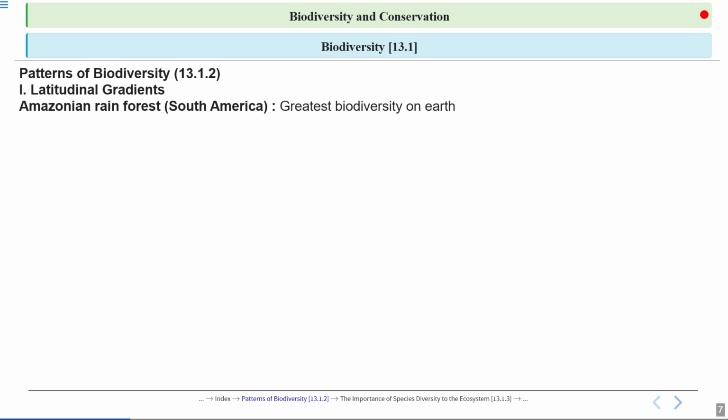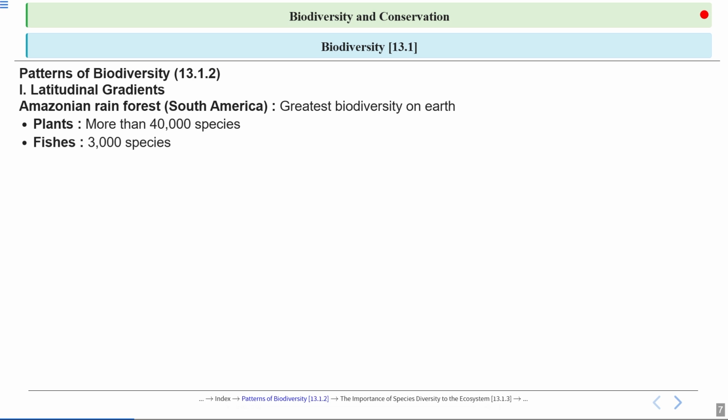Now let's talk about the Amazonian rainforest in South America. This region is often called the lungs of the earth and is home to the greatest biodiversity found anywhere on the planet. Let's talk about the plants in the Amazonian rainforest. This forest has more than 40,000 different plant species.